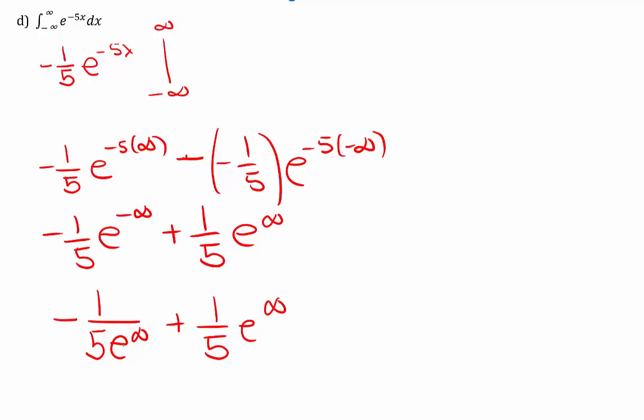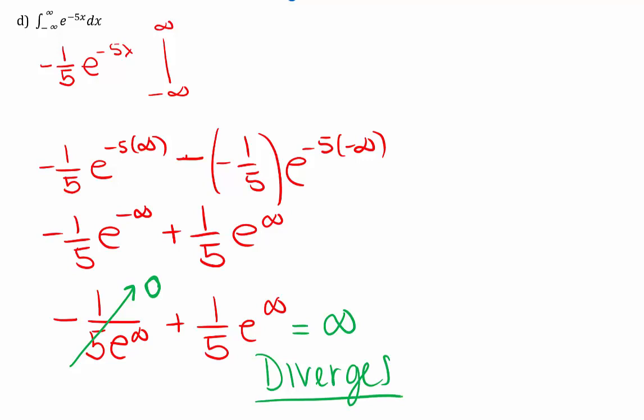We're taking a finite number divided by something that is growing without bound, and that's going to go to 0. But the second term, the e to the infinity, is technically in the numerator. It's not in the denominator. And so this one is going to equal infinity. Because I didn't get a finite number, that tells me that this integral diverges.